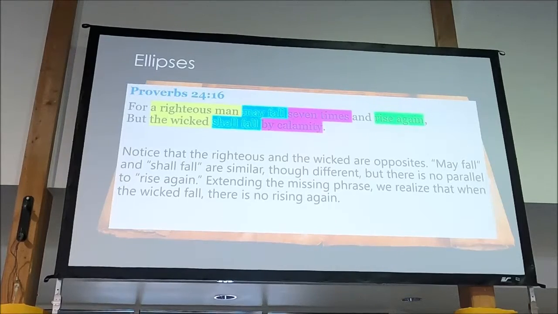Why 7 times? I'm not going to get into that much this time. But why 7? Actually, in Hebrew, the word for 7 and the word for oath have the same letters. You just give it a little bit different vowel sounds. So it's a pun, in a sense, in Hebrew. That's why, if you read about Abraham, he makes an agreement with Abimelech, and he calls it the well of 7.